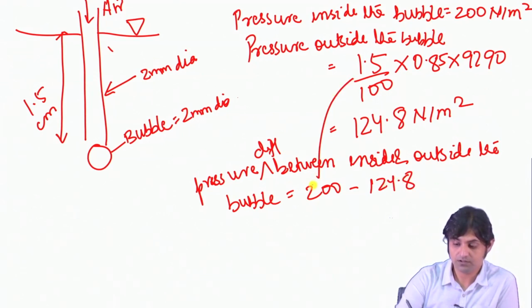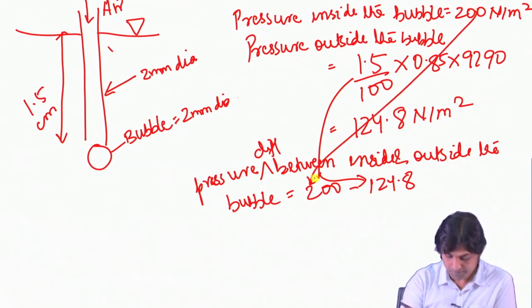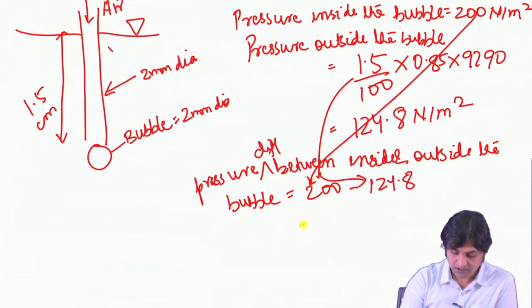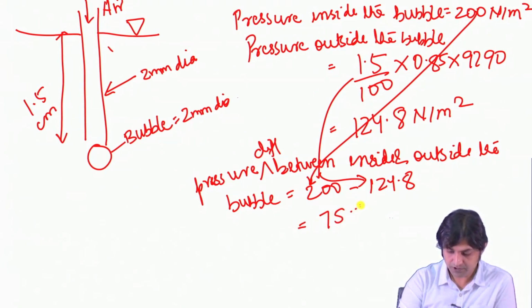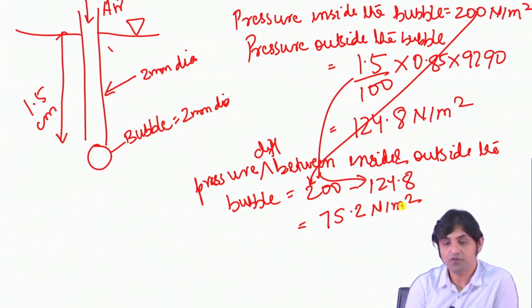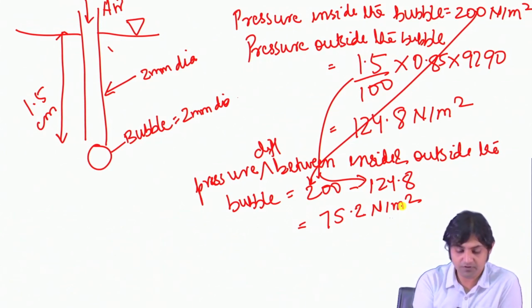So this is here and this is here. This pressure difference comes out to be 75.2 Newton per meter square. So what was the formula for the pressure difference that we have seen in a couple of slides before? That delta P is equal to 2 sigma by R.